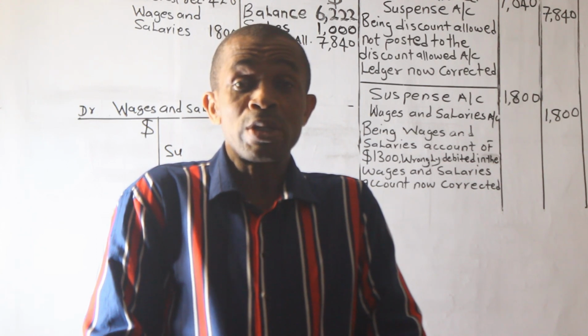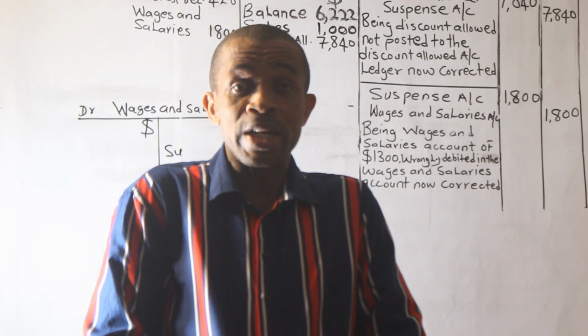So this error will be corrected by crediting the wages and salaries account with $1,800, that is raising a suspense account. And the suspense account will be debited with $1,800. So this error will just be corrected by going to the suspense account and debiting the suspense account with $1,800, while the wages and salaries account will be credited with $1,800.